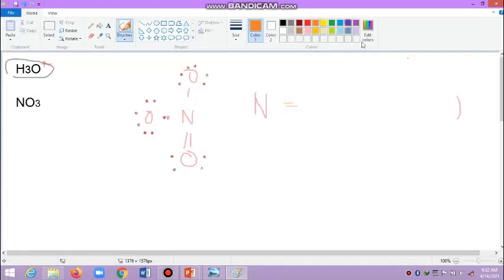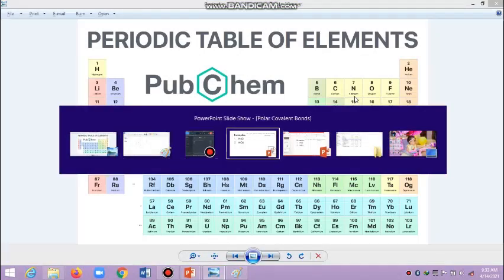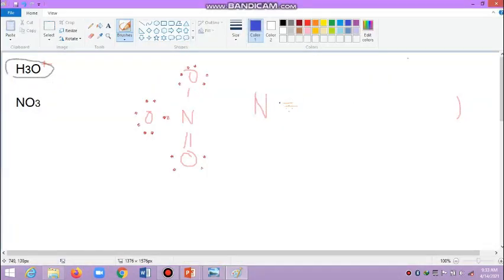Okay, nitrogen. Number of valence electrons of nitrogen. Nitrogen has an atomic number of 7. So, that's 1s2, 2s2, and 2p3. Ayan. So, sa second orbital niya, meron siyang 5 electrons. Okay. So, 5 valence electrons.